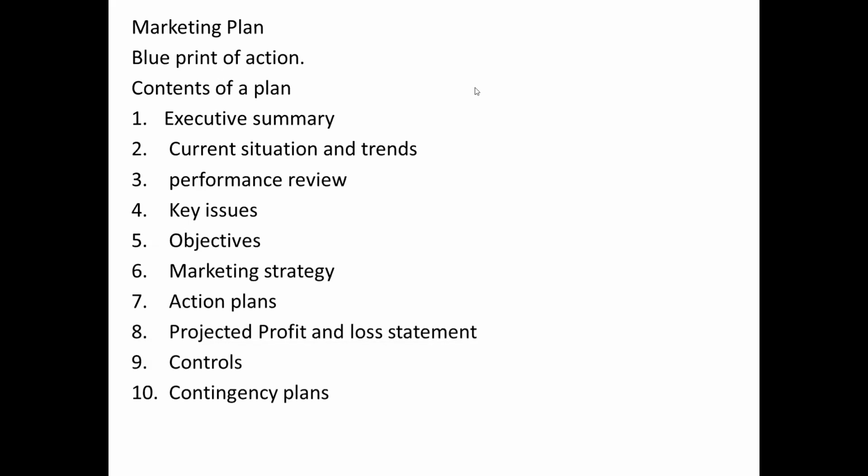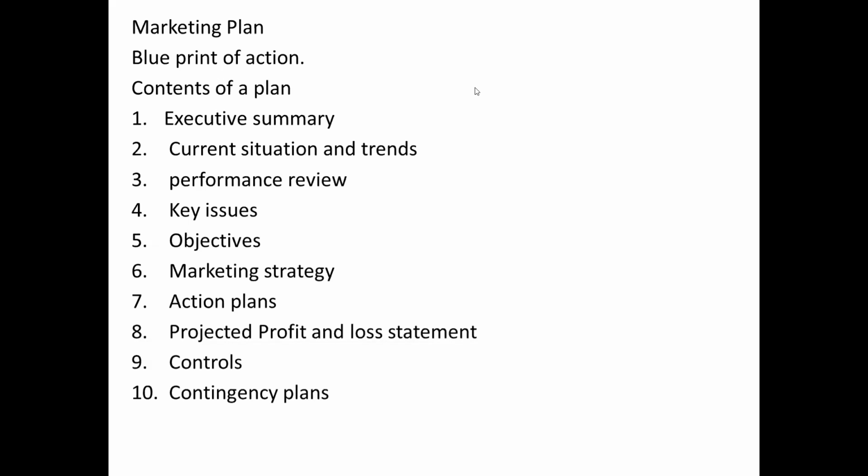This executive summary allows the senior management to have an overview of what is included in this plan. It helps the senior management to grasp the plan's major thrust.